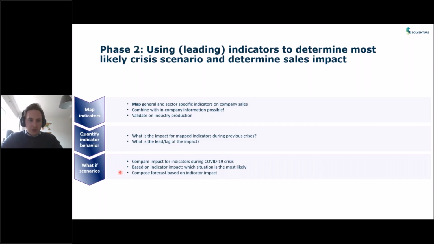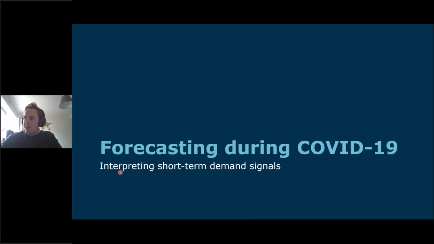Okay, so this was the first case. So having high-level scenarios and also determining which scenario is most likely to happen. The second case is actually looking at more short-term demand signals.